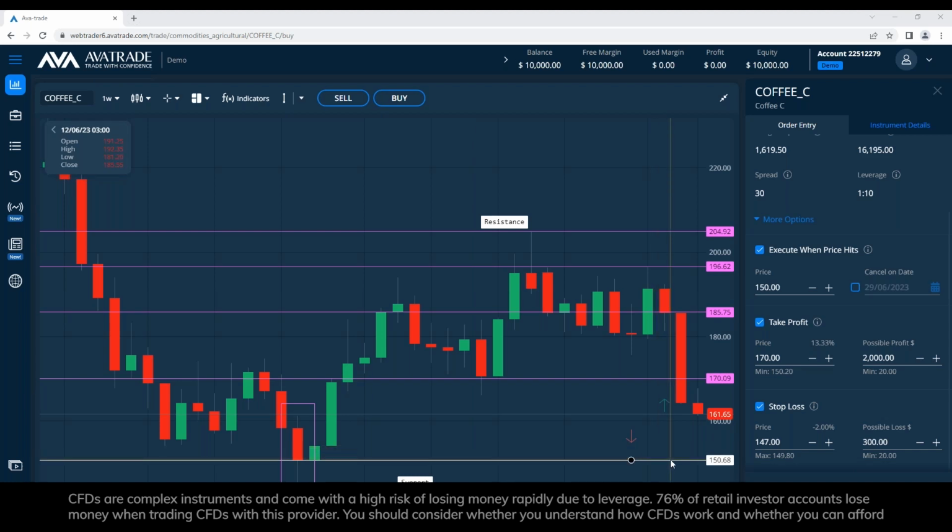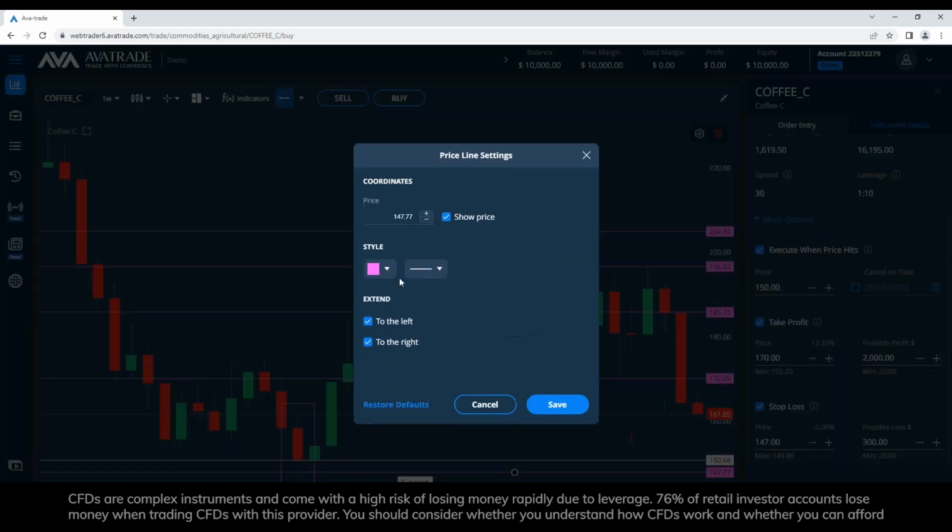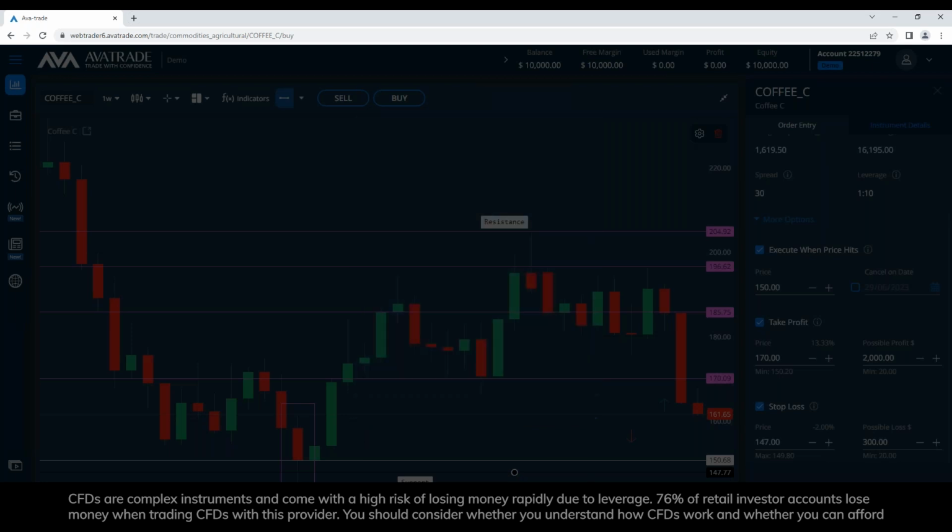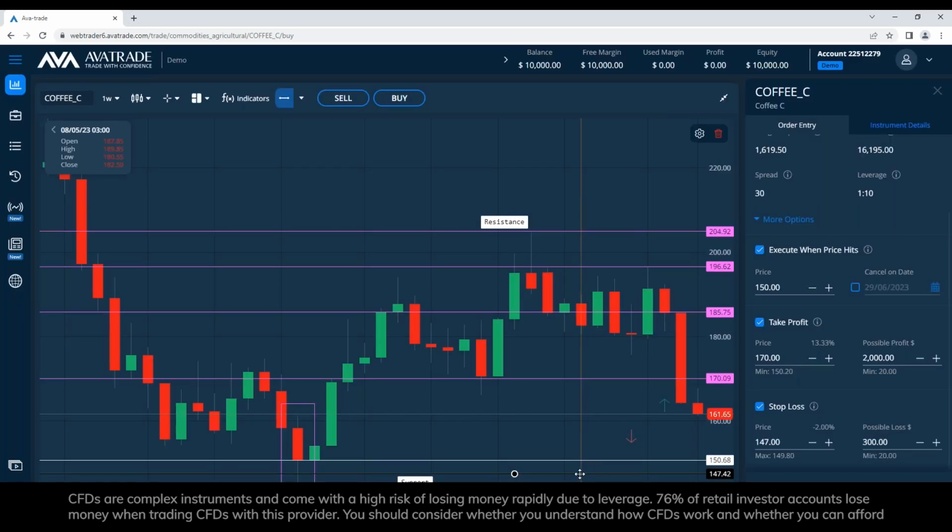So if I'm putting it as a pending order, what was my stop loss? 147. Maybe we'll paint it in black. So we have the black and white lines.